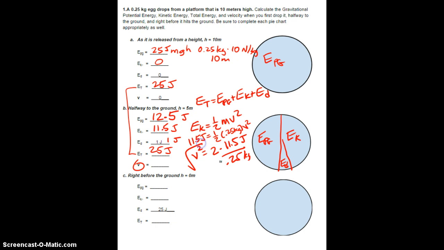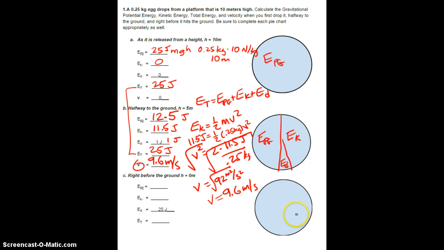Let's take the square root of each of those sides. And I get velocity is equal to the square root of 92 meters squared per second squared. Take the square root of that, I find that the velocity there is 9.6 meters per second. That could be plus or minus, so we'll just worry about the positive value.